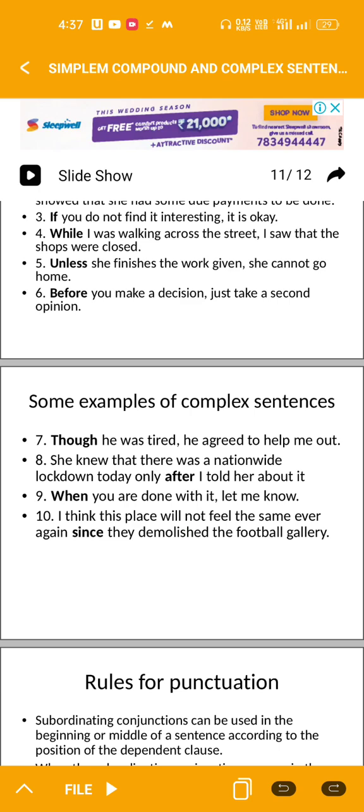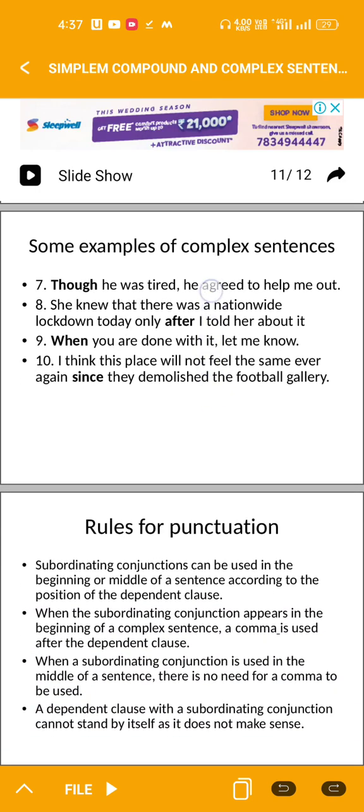So whenever, for the punctuation rule, whenever you find that the subordinate conjunctions are used after the main clause, it will not take any comma. So subordinate conjunctions can be used in the beginning or middle of a sentence according to the position of the dependent clause.